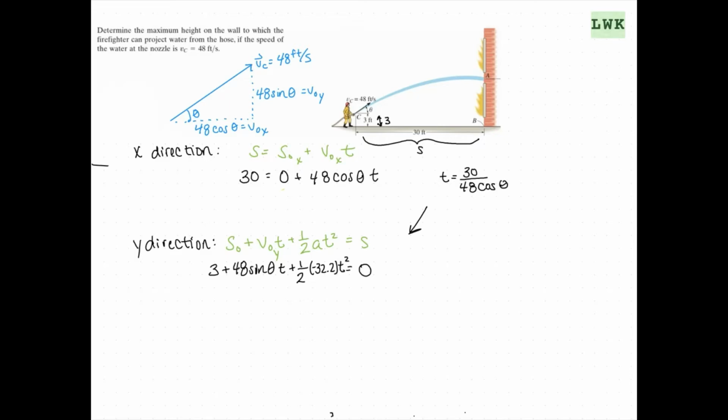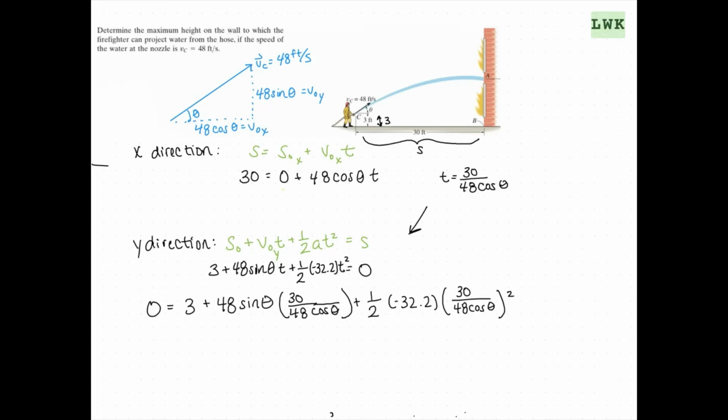So we can plug in for time. That's going to give us 0 equals 3 plus 48 sine of theta times 30 over 48 cosine of theta plus 1/2 negative 32.2 times 30 over 48 cosine of theta squared.